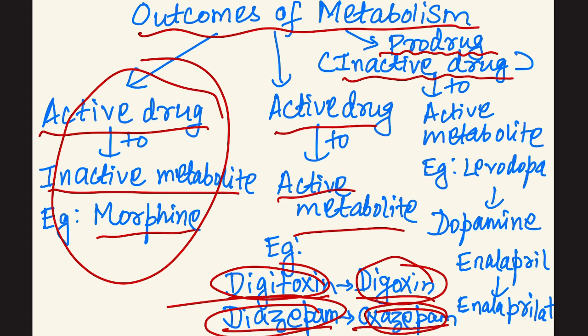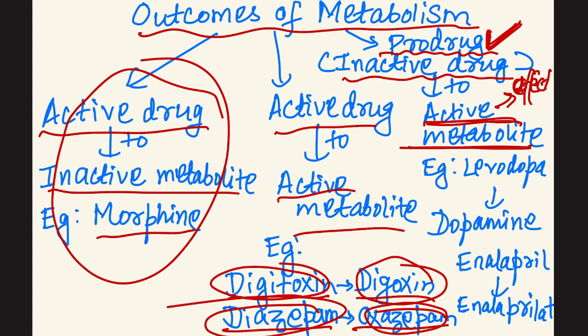And now finally coming to the exception, that is the prodrug. Prodrug is basically an inactive drug, and when it undergoes metabolism, it gets converted into an active metabolite which is responsible for producing the particular effect of the drug. So a prodrug will show its effect only if it gets metabolized by the metabolizing enzymes.